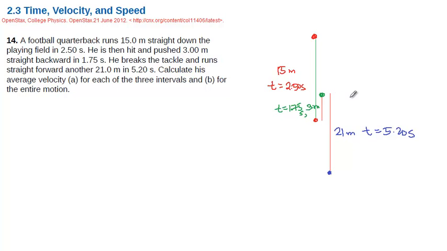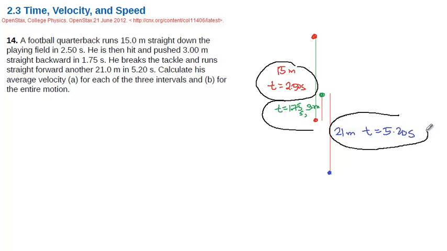However, he was able to break free from the tackle and run again down the field, or forward, another 21 meters in 5.20 seconds. We are asked to calculate the average velocity for the three intervals. This is the first interval, then the second time interval, and the third time interval.